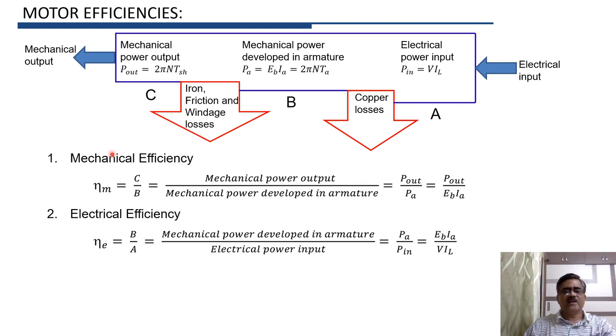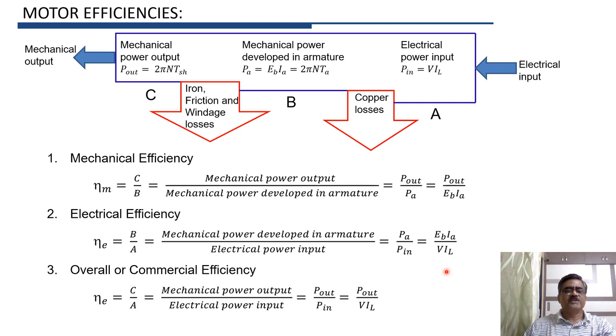Then the electrical efficiency is the ratio of B to A. So it is equal to mechanical power developed in armature divided by electrical power input, that is PA upon P in. Now here PA is EBIA and P in is V into IL, and therefore electrical efficiency is equal to EBIA upon VIL.